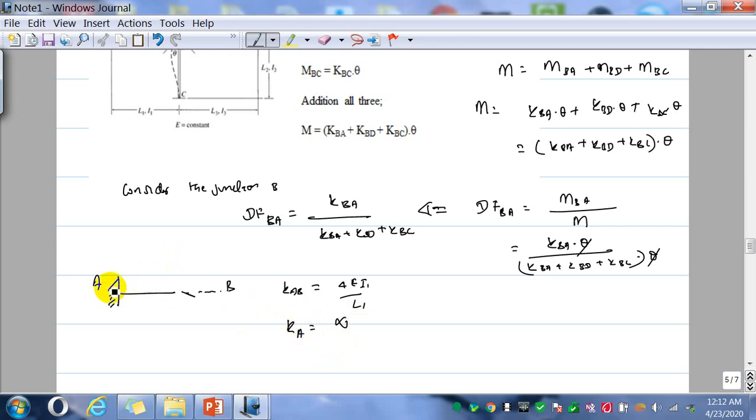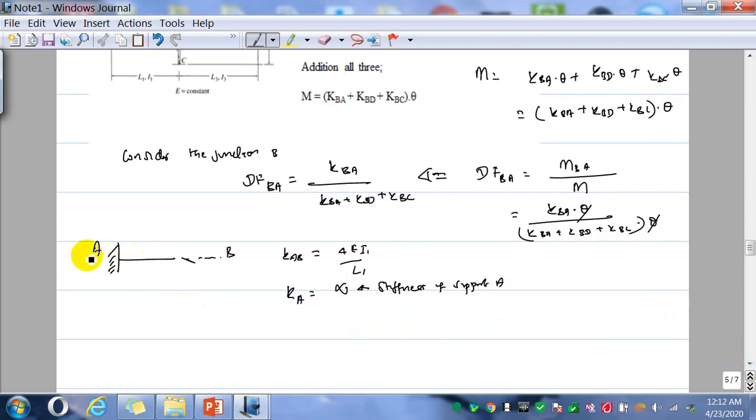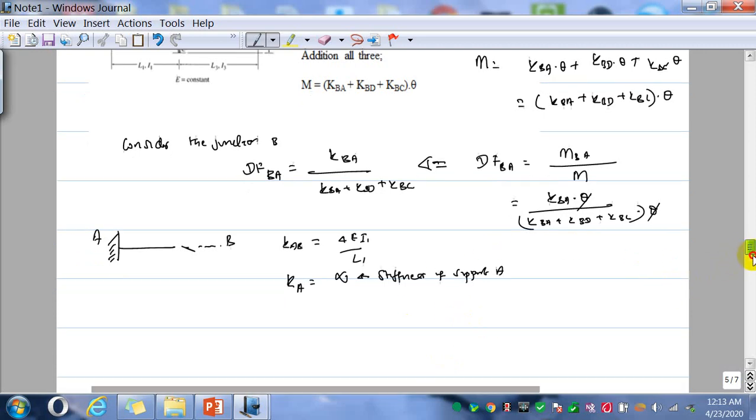So this is the stiffness of support A. And if you consider the distribution factor of A, DF of support A, that is infinity over some value, that is 0. Which means that support A will not distribute anything to the far end. It will absorb everything. That is the way we approach this problem.